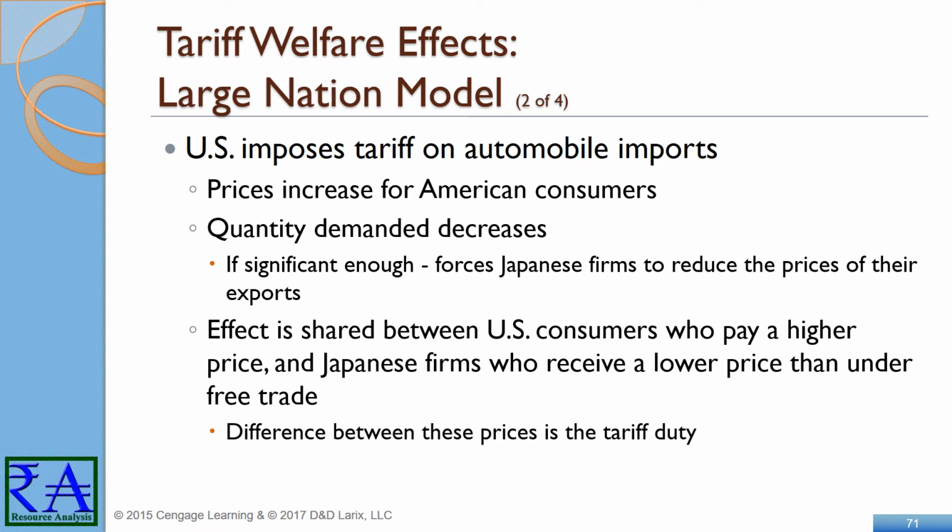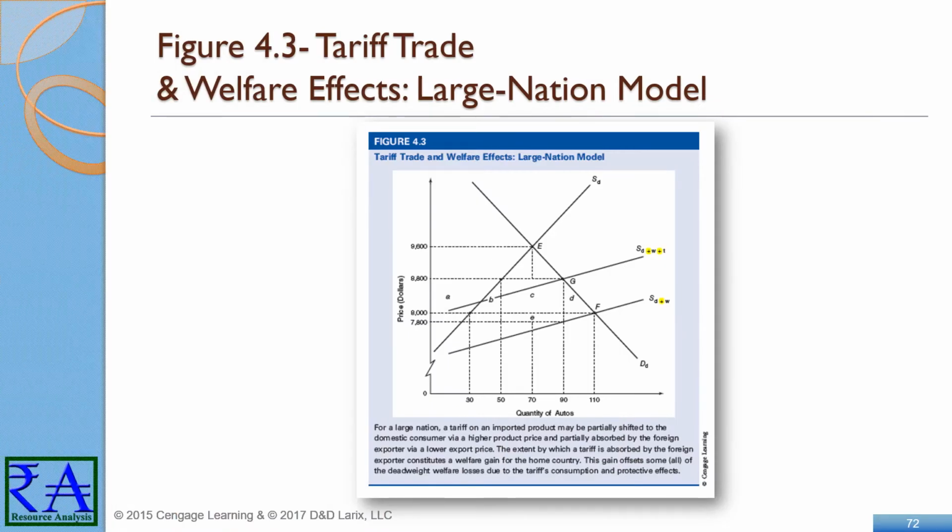Now suppose the U.S. launches a tariff on automobile imports. This has a series of ripple effects within the U.S. A tariff is levied, imported automobile prices increase, consumer surplus decreases, demand decreases, and revenues are shifted to the government.